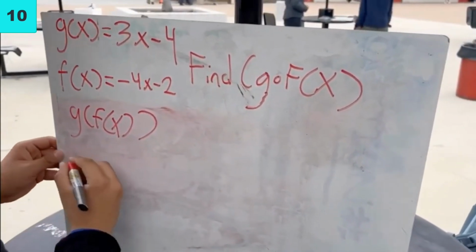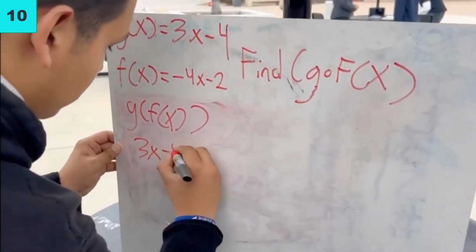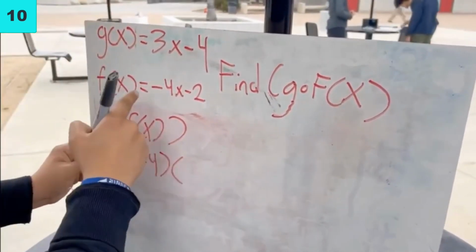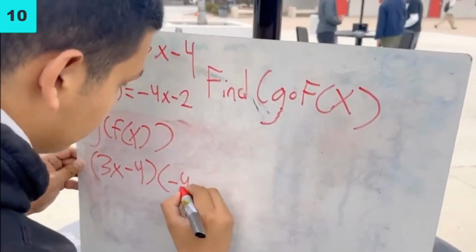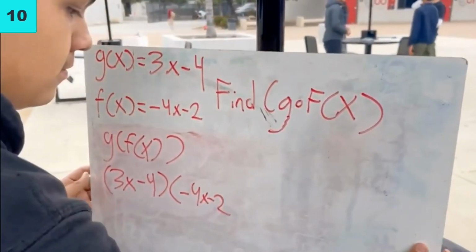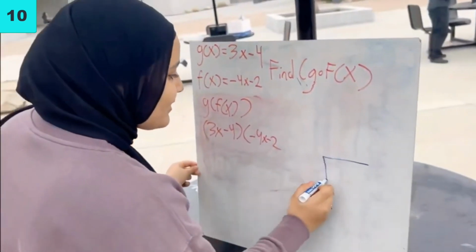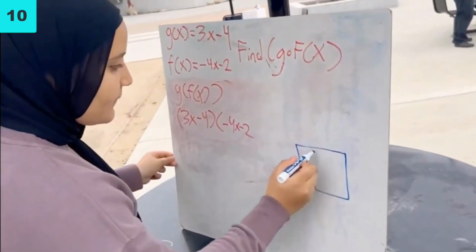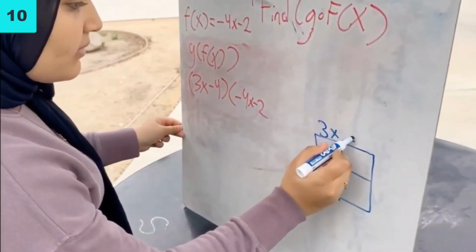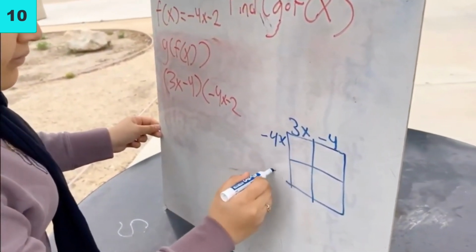So we know that g is 3x minus 4 parentheses fx, which is negative 4x minus 2. And to find the number easy, I'm gonna put in box, which is gonna be 3x minus 4 and negative 4x minus 2.